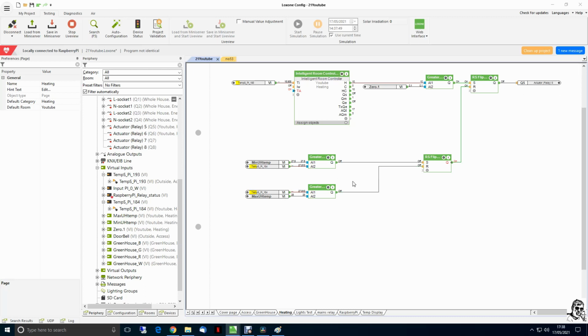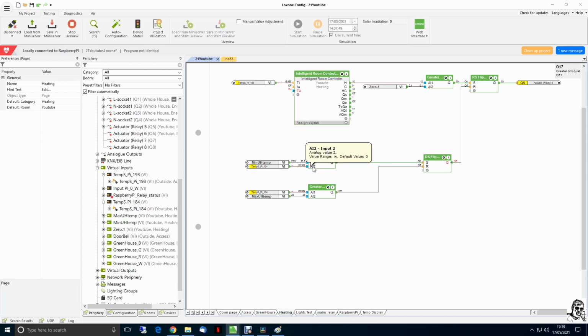As you can see now, we have the comparator off. We still have the reset on. In this situation we have to wait until the temperature in the underfloor goes lower than 27.5 degrees.